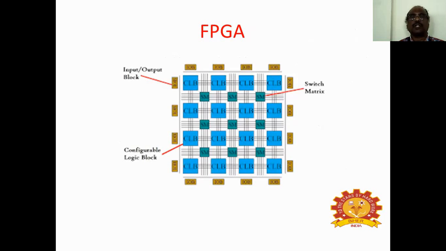These configuration logic blocks are predefined, and the designer only has to provide the interconnection between the configuration logic blocks, and within the configuration logic blocks, using the switching matrix. The designer's responsibility is to configure this field programmable gate array for the intended application of the integrated circuit. This gives a faster turnaround.